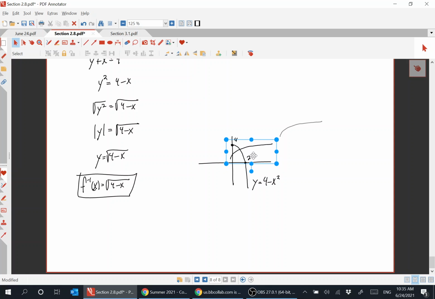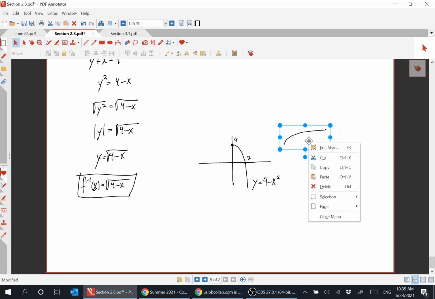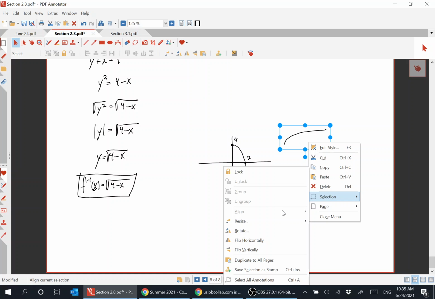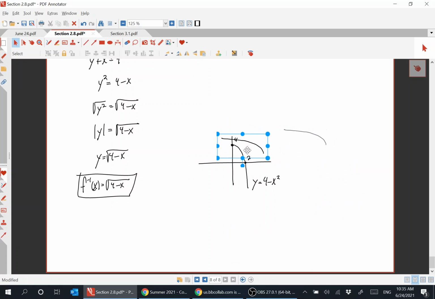Then you get this picture. So 4, 2, or no, it's going the wrong way, isn't it? Like that. It's not a very good look. There it is. Oh, fix that a little bit.